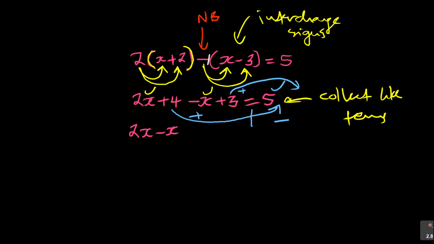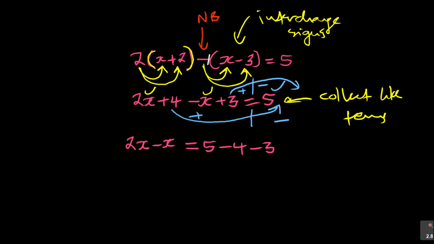What sign? It is positive, jump the equal sign, it becomes negative. So what am I going to have at the end of the day? Something like this: 2x minus x is equal to, I have already 5 on my side, so you maintain the sign for 5, positive 4 becomes negative 4, positive 3 becomes negative 3, like that.